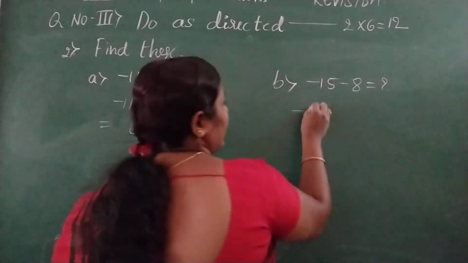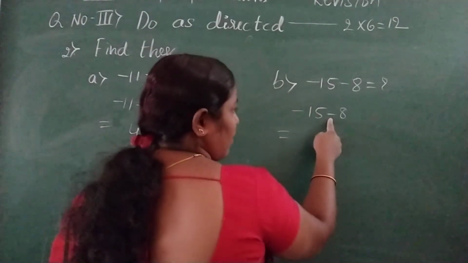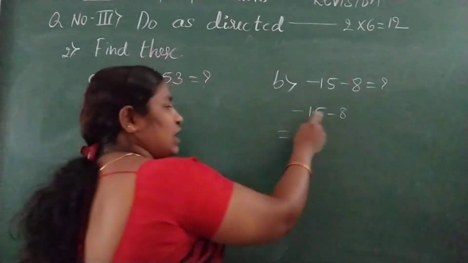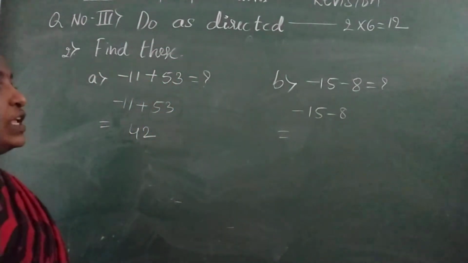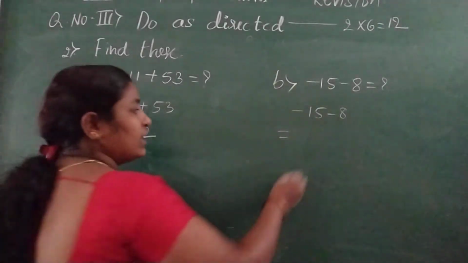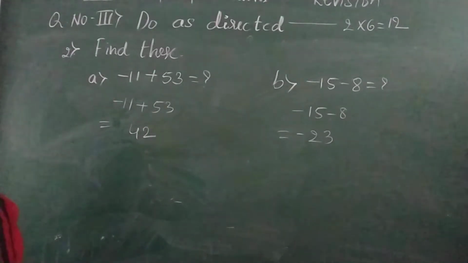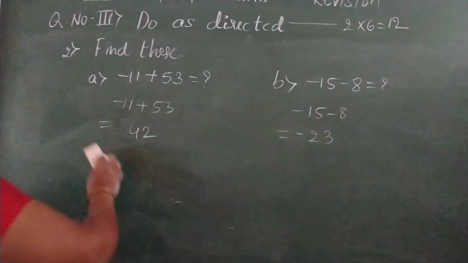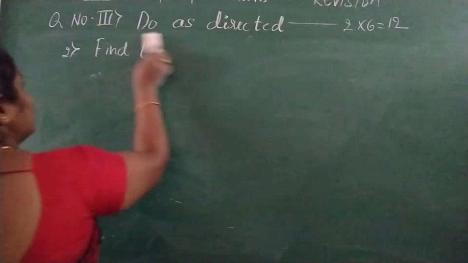Here minus 15 minus 8 is minus and minus, same signs. So you should go for addition. So 15 plus 8 is 23, with the minus sign. So minus 23. Yes, you may get other numbers. So practice all these.